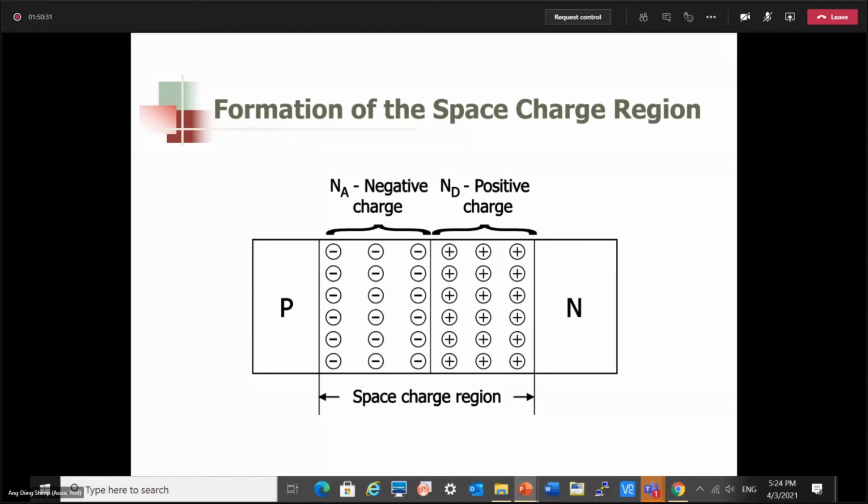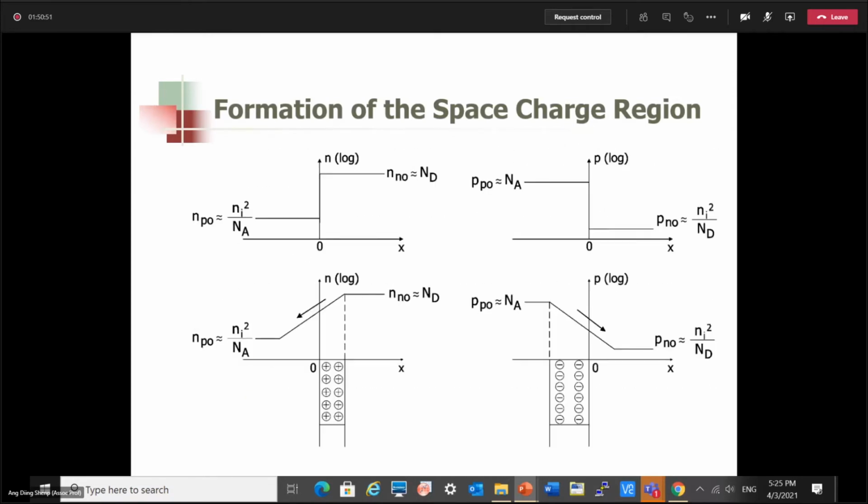Hi, Professor. May I ask why we say the concentration of mobile charge in a space charge region is negligible compared to the immobile ionic charge? I think the immobile ionic charges are caused by mobile charges moving to the other side. Oh, yes, that's a good point.